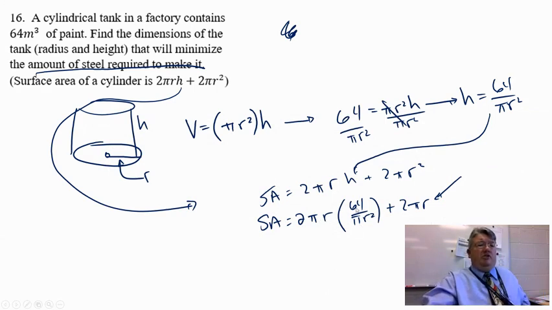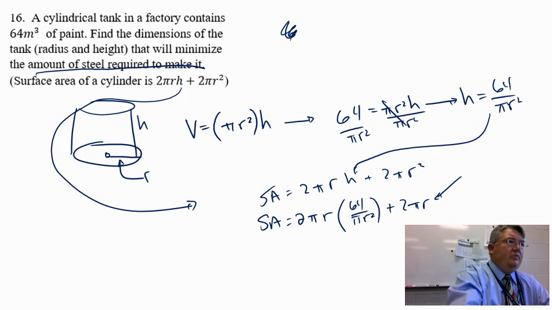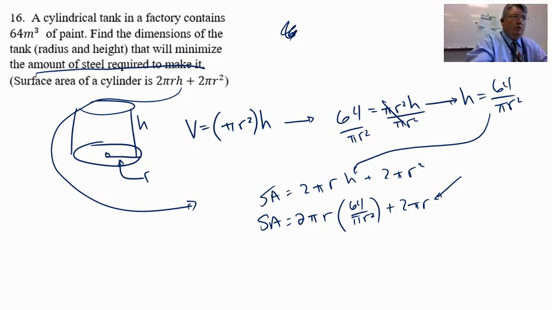I can't remember things from one second to the next. Okay, so 2 pi r times 64 all over pi r squared. Did I get that right? Yep. Plus 2 pi r squared.